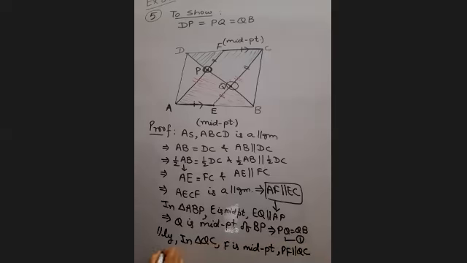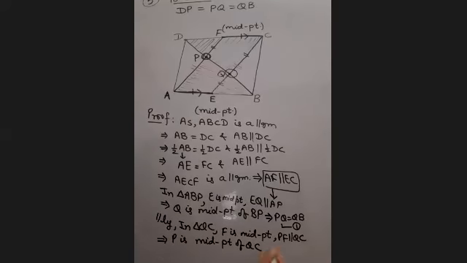So this gives me P is the midpoint of DQ. And if P is the midpoint of DQ, what does it mean? That DP is equal to PQ. So this gives me DP is equal to PQ.